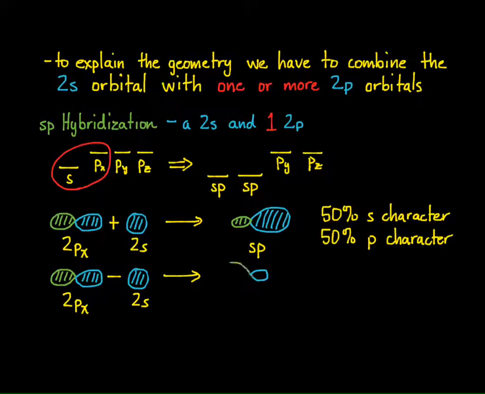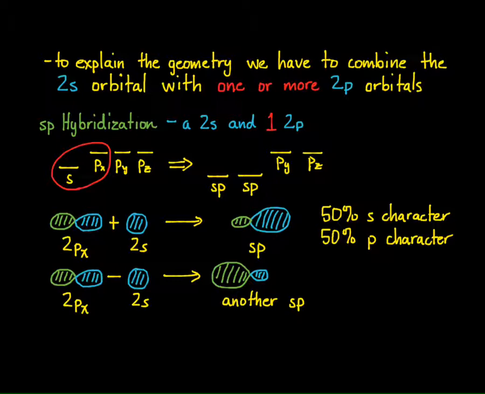Okay, so another combination is taking that px orbital and the 2s orbital and subtracting them from one another. And the result is now I've subtracted the blue area and I've enhanced the green area. And so this simply becomes another sp orbital. And so notice the two sp orbitals look very similar to one another. Don't get tied up in the colors, okay?